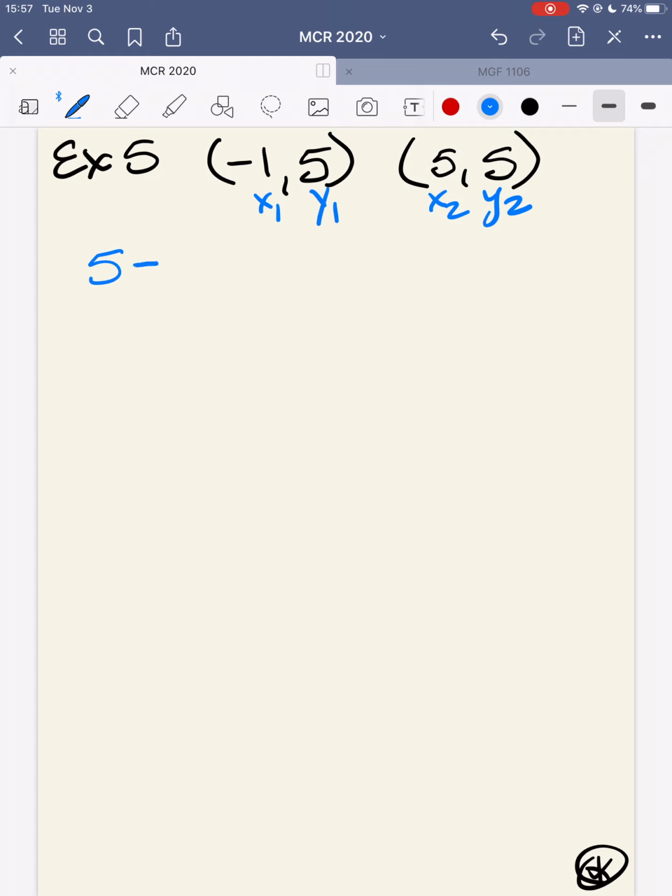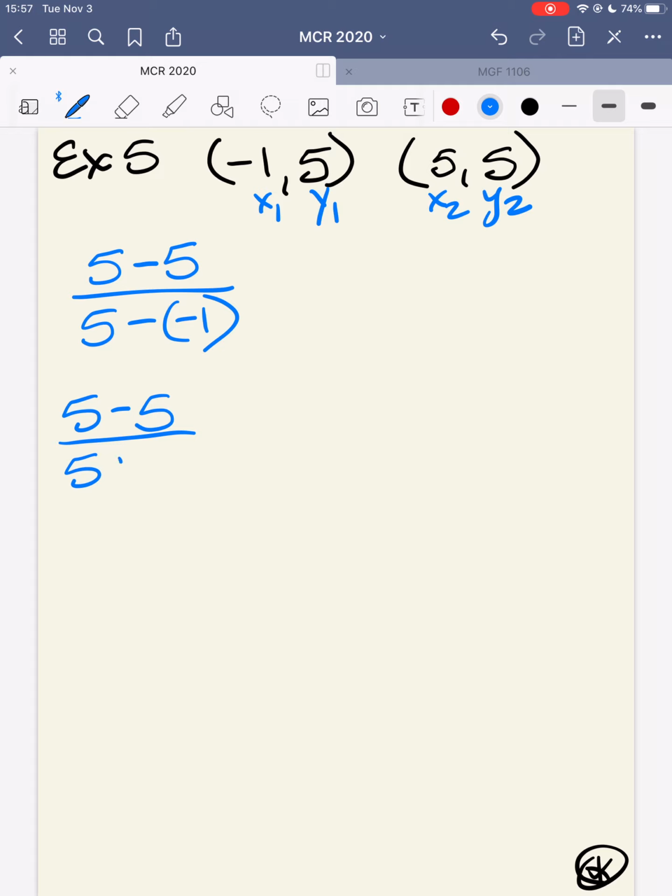I'm subtracting Y1, which is also 5, divided by X2 is 5. And X1 is a negative 1, which means I minus a negative 1. Which means I have 5 minus 5 over 5 plus 1. 5 minus 5 is 0. 5 plus 1 is 6.